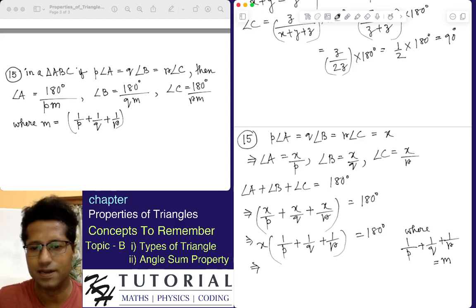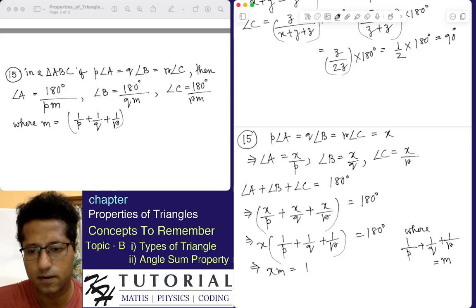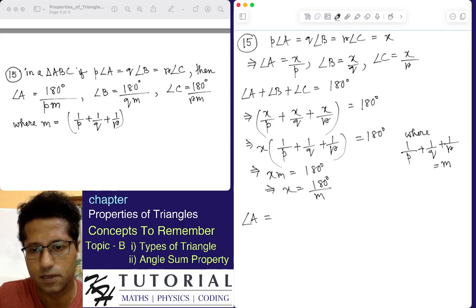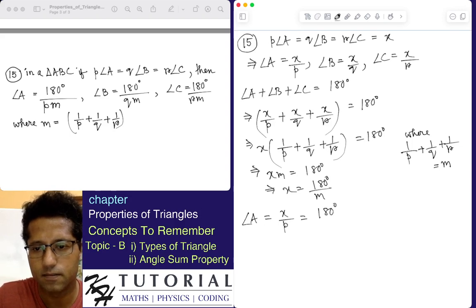This expression is known, since P, Q, R are known. So we get XM equals 180 degree. This implies X is coming out to be 180 degree divided by M. So from here we can find angle A. What is angle A? Angle A is X by P, so we have 180 degree by PM.